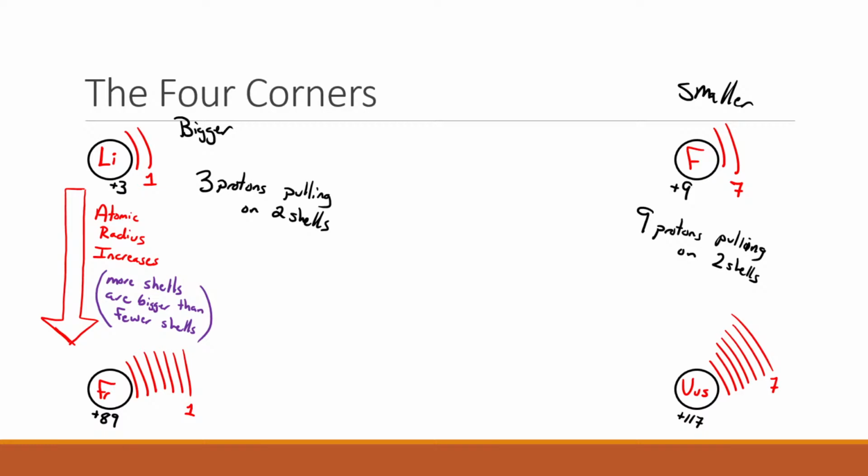Shrink the whole thing down just a little bit, make it a little bit more compact, making ununseptium smaller than francium. Which means that our trend here is going to go from right to left.